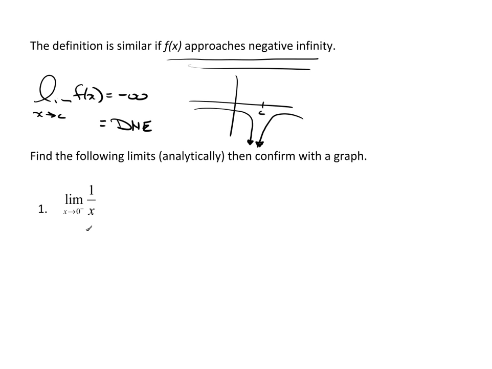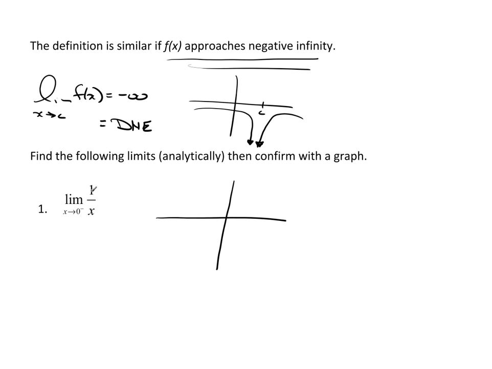So what I want to do is take a look here. Now I want to find this limit analytically, and then I want to confirm it with the graph. So I want to take a look, first of all, as x goes to 0 from the left of 1 over x. Well, if I approach 0 from the left, then x is negative, right? Because that's 0. If I'm approaching from the left, then all the x values are negative.